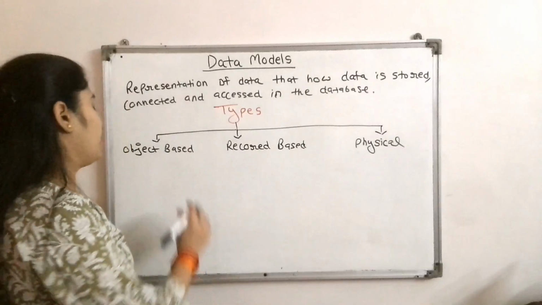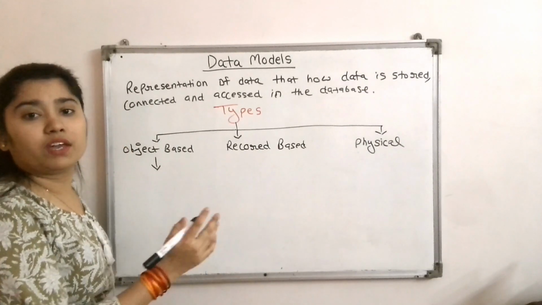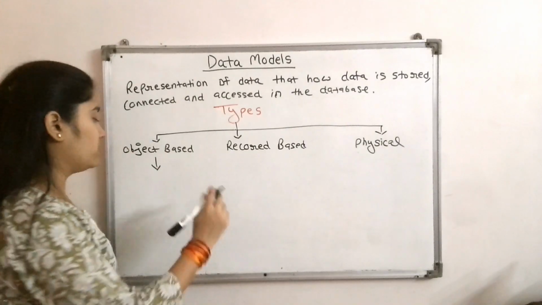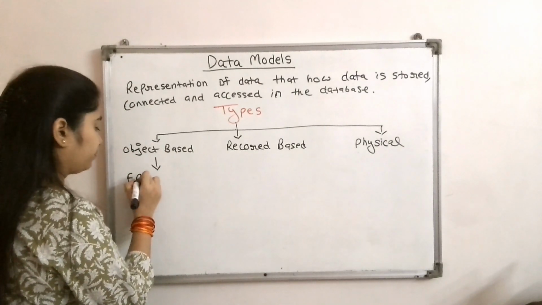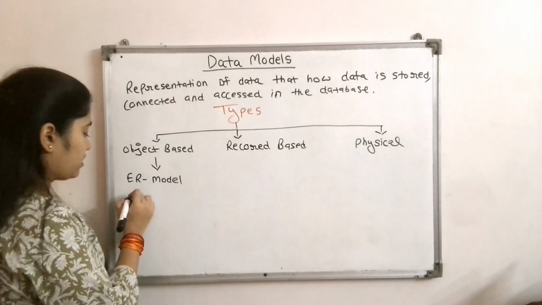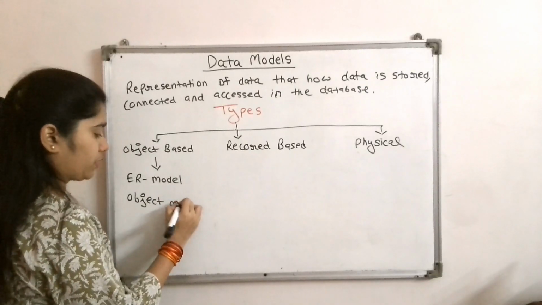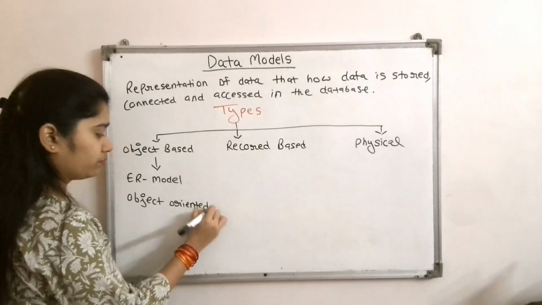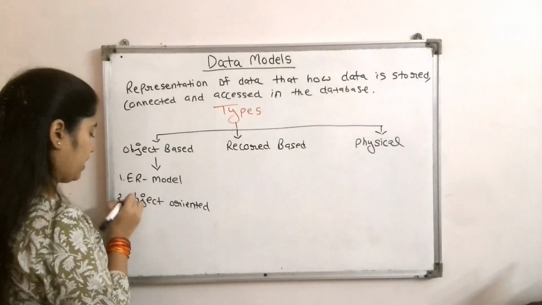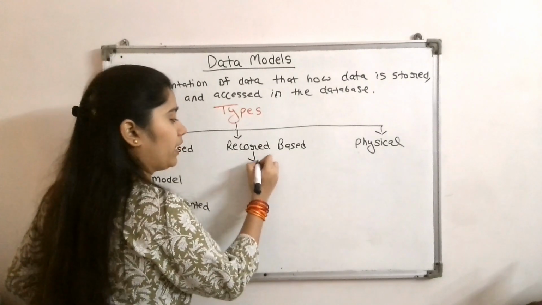Now the subtypes of each. First is object based. In object based we have two types of data models: first is the ER model and second is object oriented. And in record based we have three types.